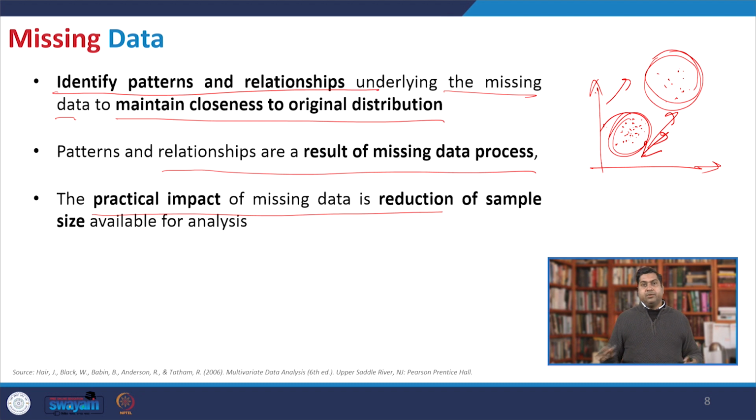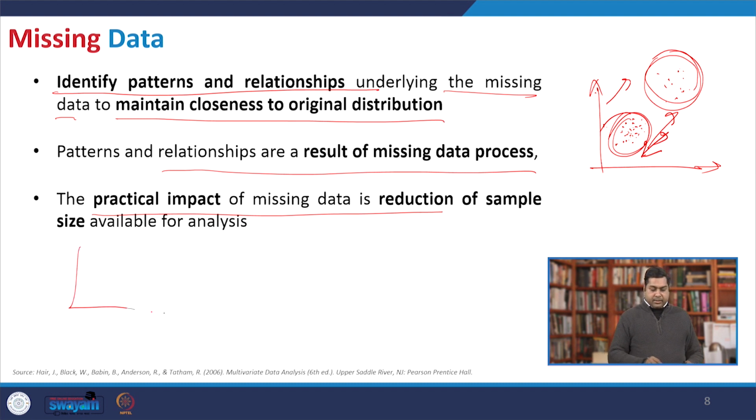In that case you have to remove that entire response. Then either you go for data collection again, or you do your analysis with the reduced number of samples. If the sample is adequate enough you can do that, but if not, then you have to collect data again. So, you have to be careful.